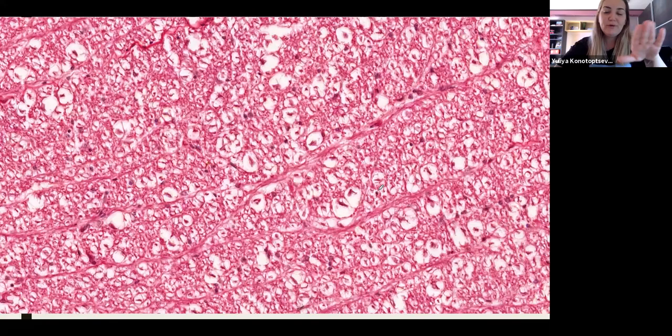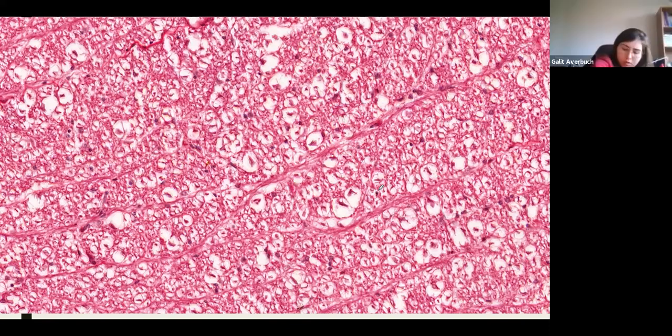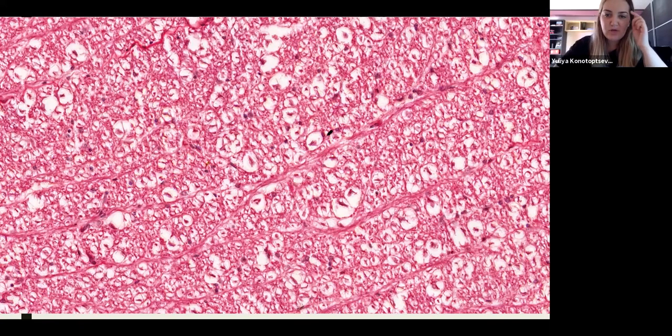Are you looking at white or gray matter? White. Very good, it's a white matter. How do you know this is a white matter? Because of the myelinated axons. Yes, so you can see that this is the axon itself, the white thing, and this is the myelin.